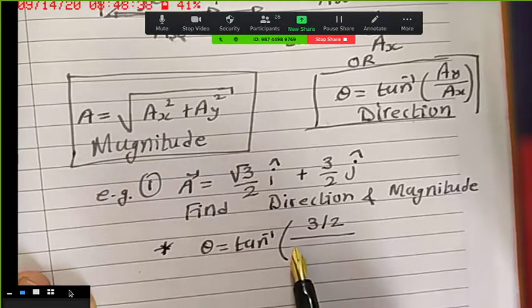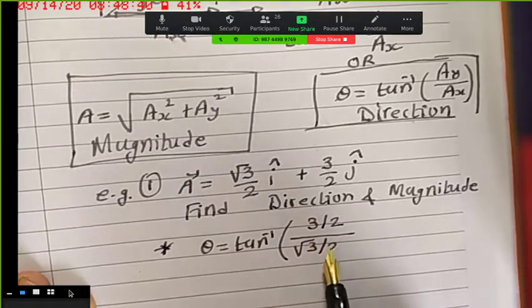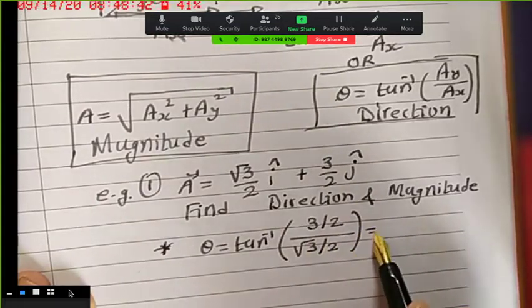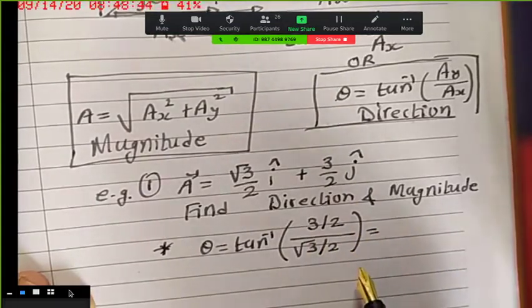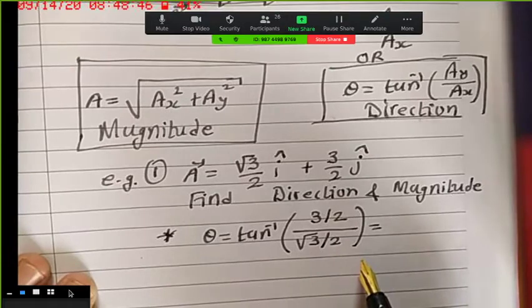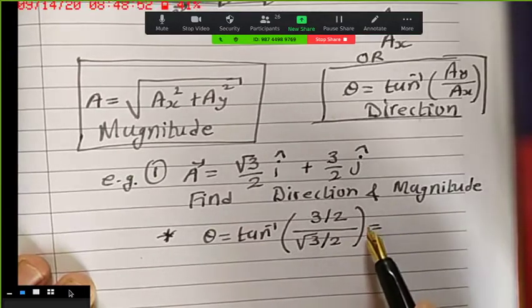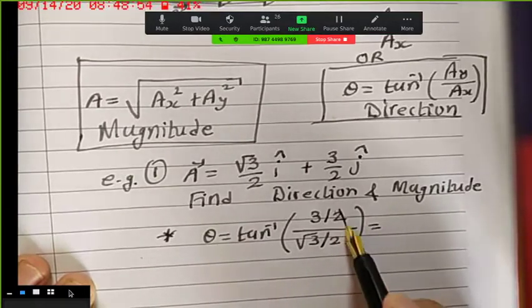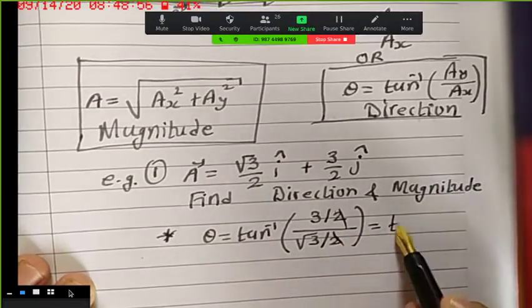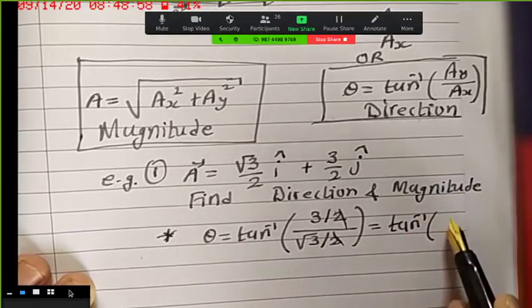Root 3 by 2. So how would the division go? Cross multiplication, 2 gets cut. 3 by root 3. So equal to tan inverse of 3 by root 3.